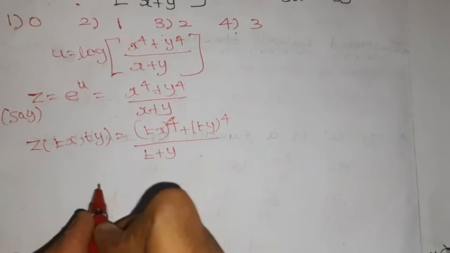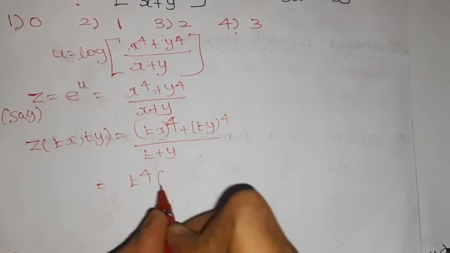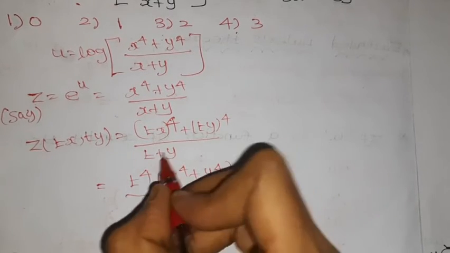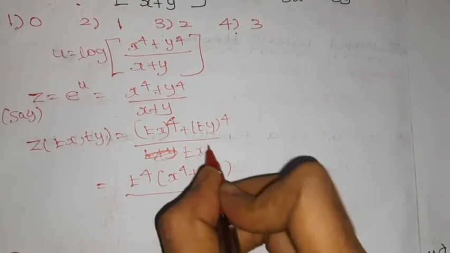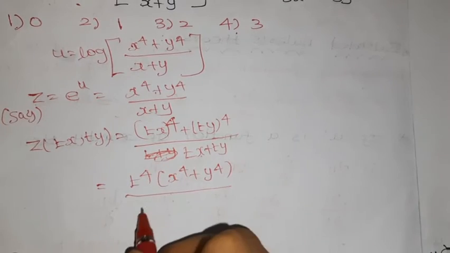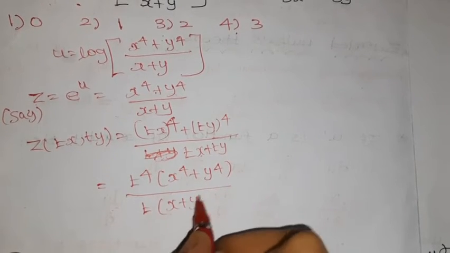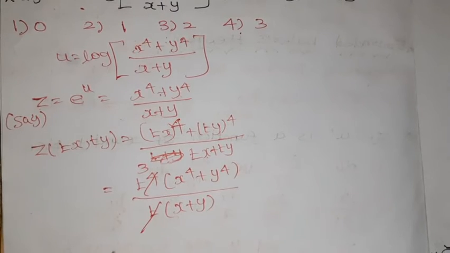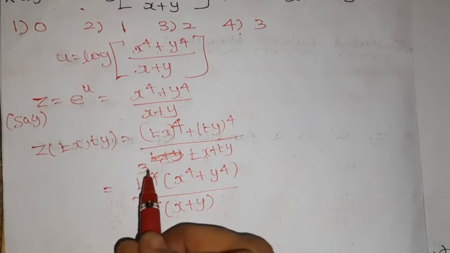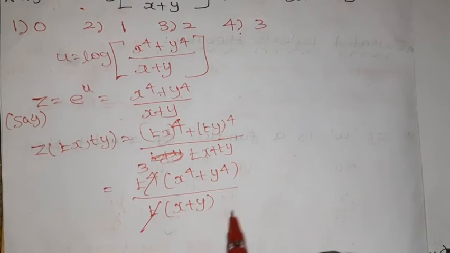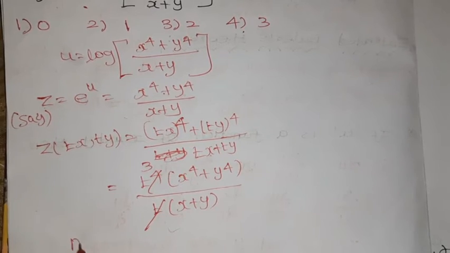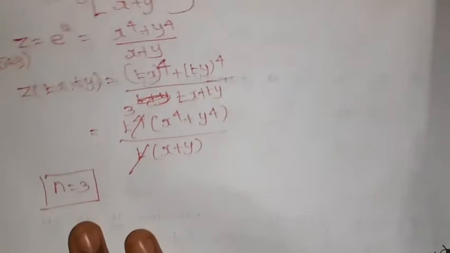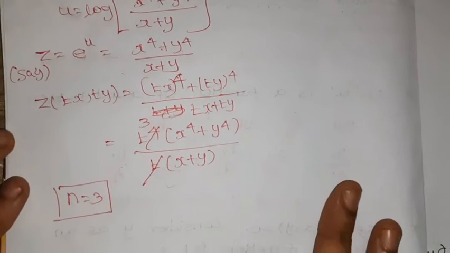Then take t outside: t power 4 into x power 4 plus y power 4 divided by, here tx plus ty, t outside as x plus y. So it is cancelled, t cube. So z of tx, ty is t cube into this function alone. So what is the order? n equal to 3. It is a homogeneous function with the order 3.